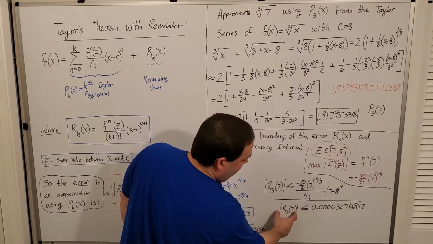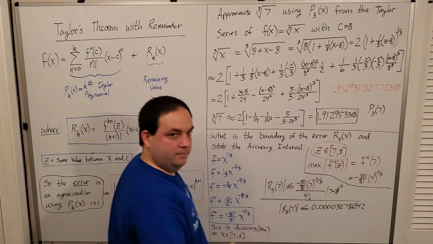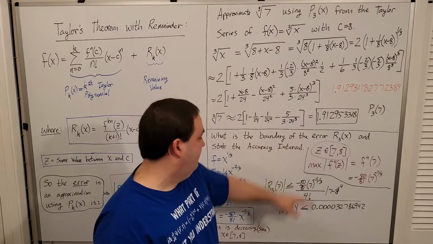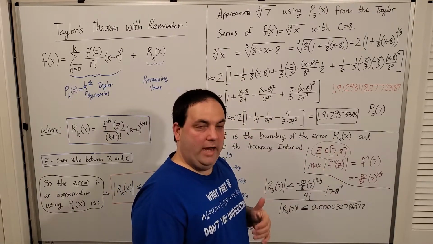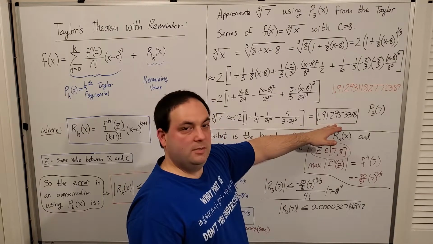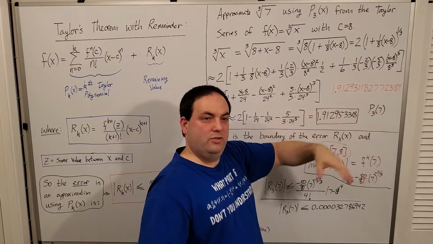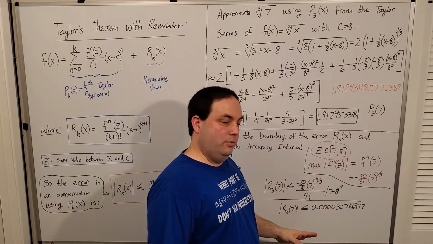My actual error is less than this much. Okay? So that's the beginning right here. What's the boundary of the error? There it is. That's the maximum error I can expect out of this approximation. Maybe I didn't know this other thing to compare it to. I'm just showing you all that so that you can see how this all lines up.